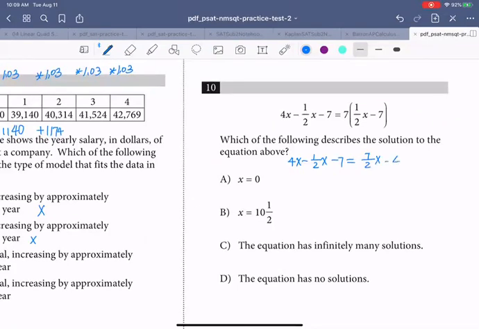X plus 7 times 4 half x plus... so I can cancel out.